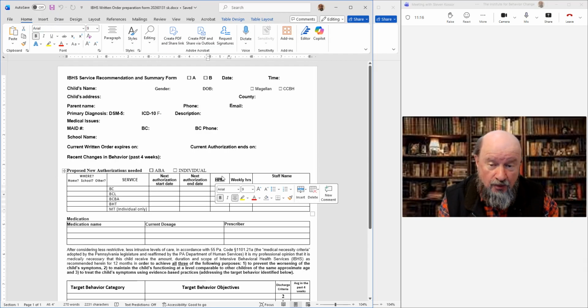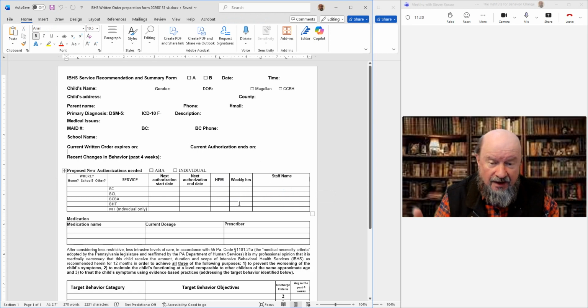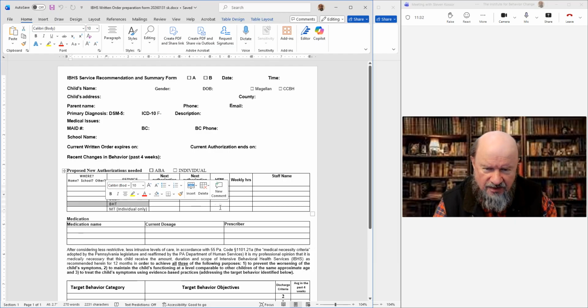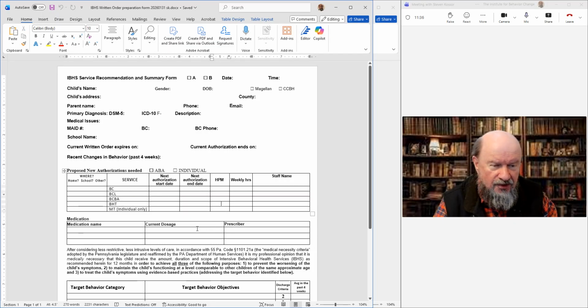HPM refers to hours per month, and weekly hours, there's a standard calculation. We have calculators all over the place that you can do that math with a high degree of certainty. So if you're doing 25 hours of BHT service, 25 hours a week translates to about 130 hours per month.